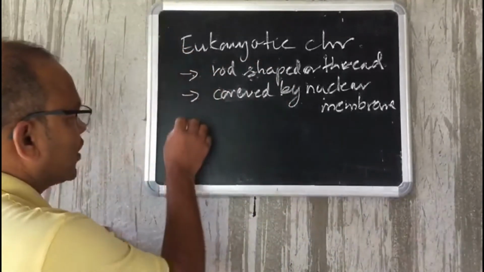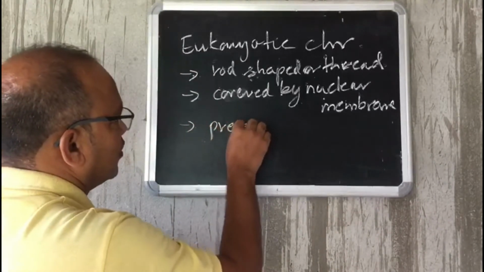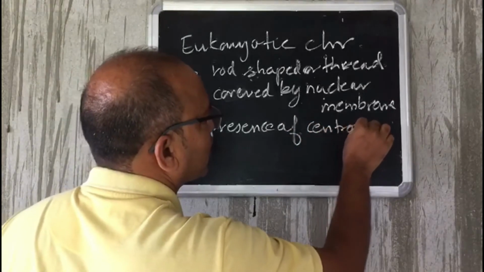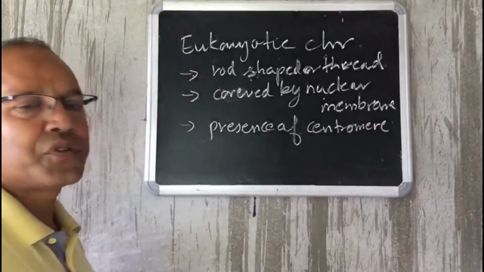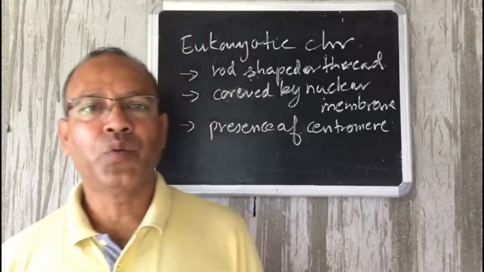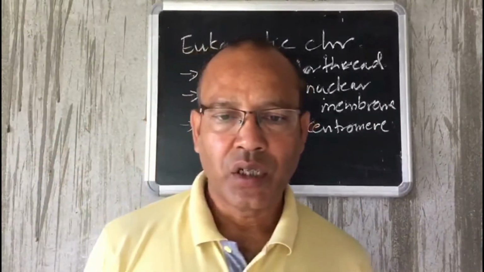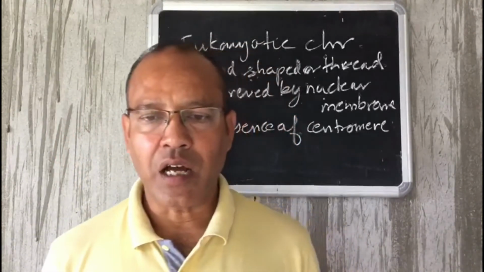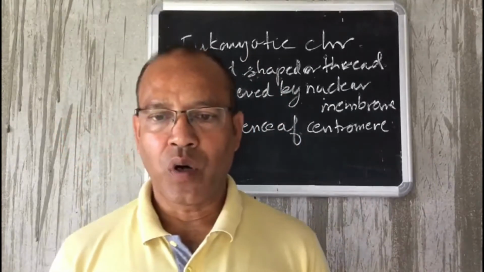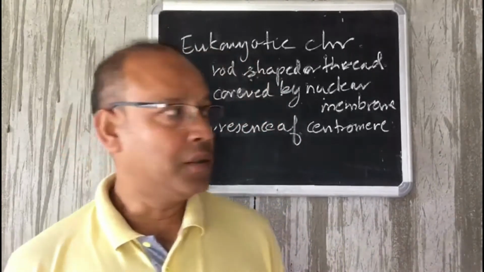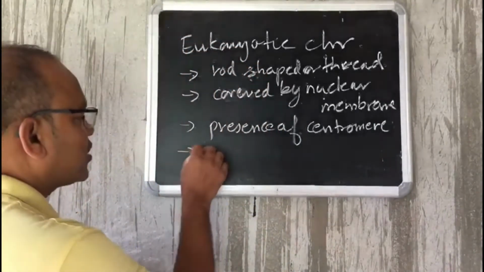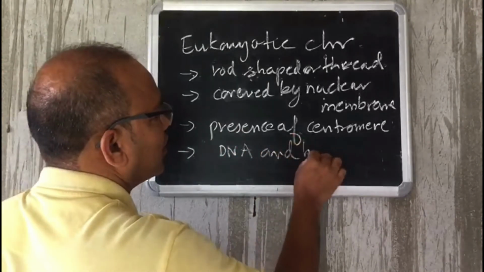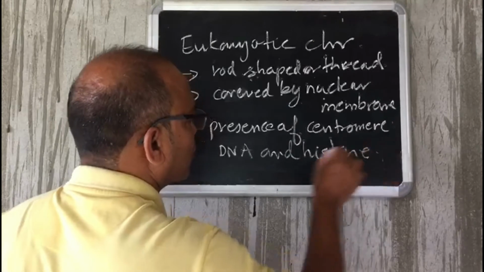Another important feature here is the presence of centromere. In a eukaryotic chromosome, we have the centromere present, to which the arms are joined together. The centromere is present at the center of the arms, and it normally has one or two arms. Another important feature is that the chromosome is made up of DNA and histone proteins.